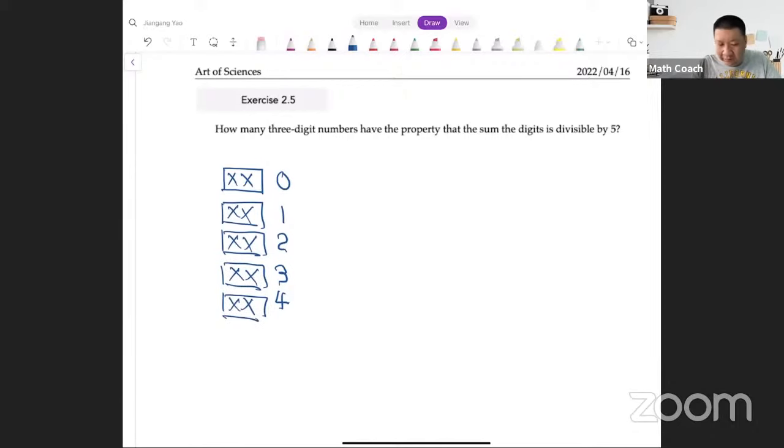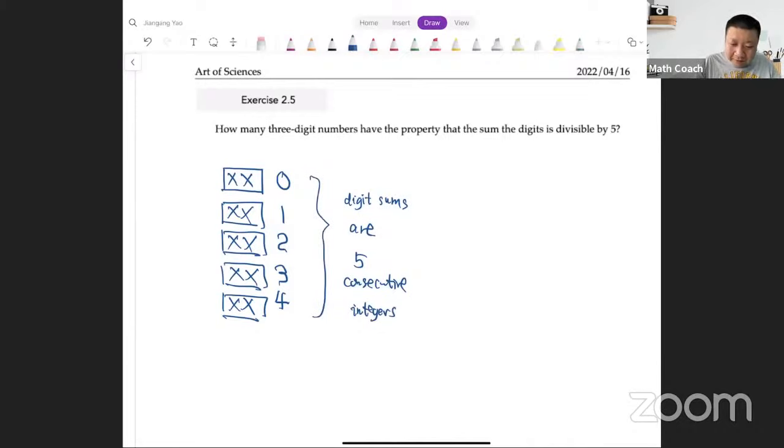The digit sums are 5 consecutive integers, right? So definitely exactly one of them is divisible by 5. So this question is simple. It just uses how many 3-digit numbers there are. This is 900. I think this is something that everyone should remember. Divided by 5, and then you get 180.